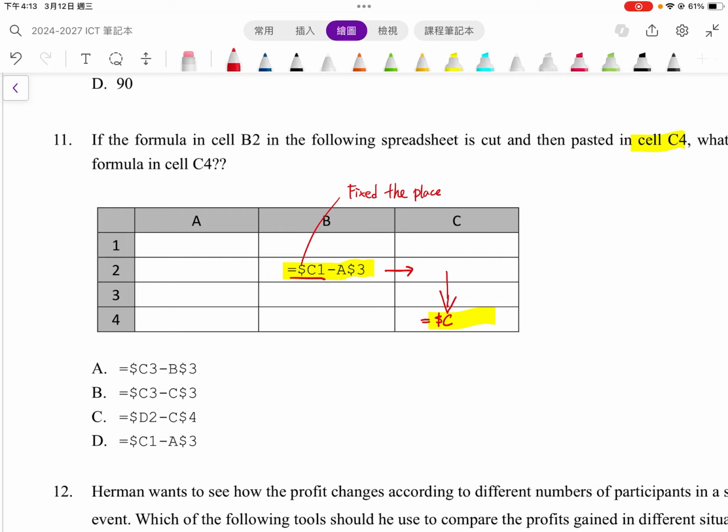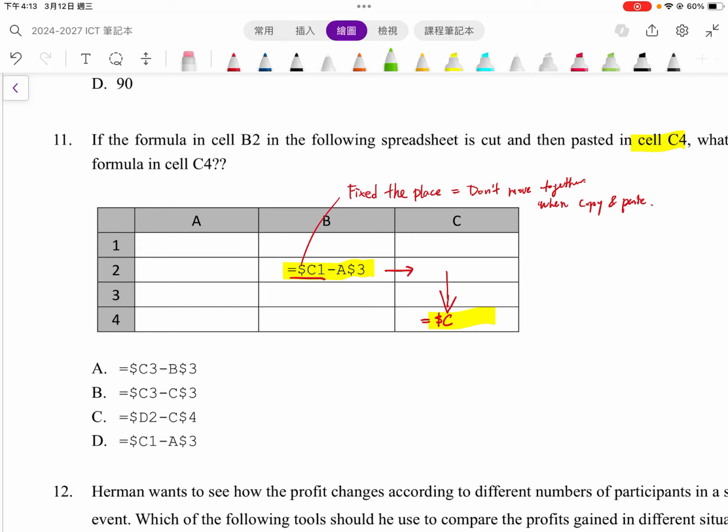You don't move together when copying. When copy and paste.